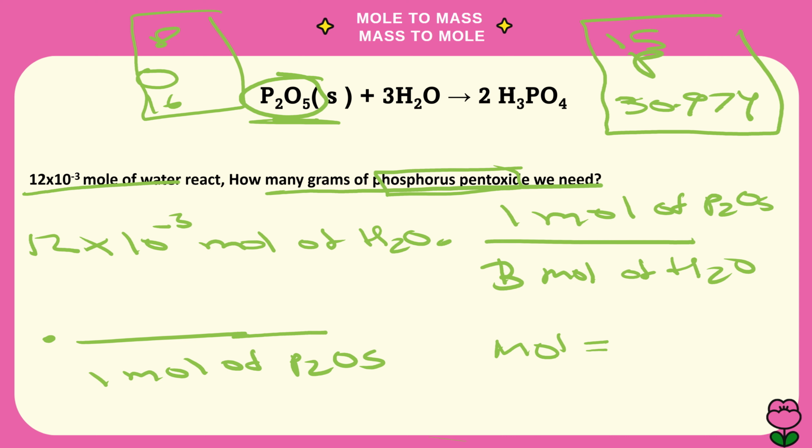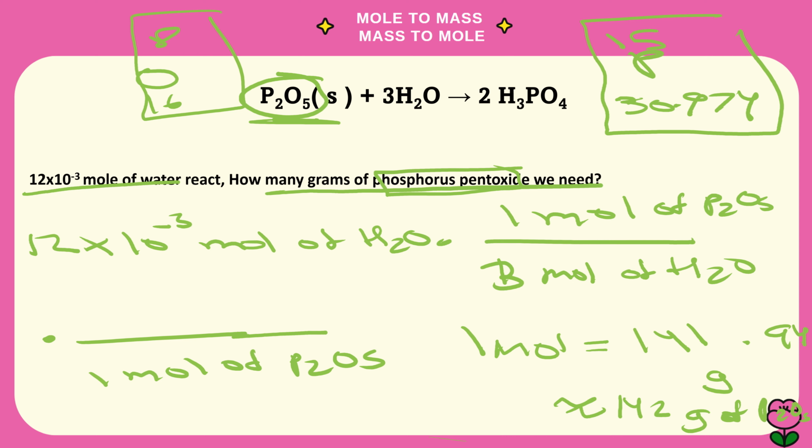Because we have 2 phosphorus, I will do 30.974 times 2, plus 16 times 5, which gives us 141.94. Let's round this to 142 grams of phosphorus pentoxide.